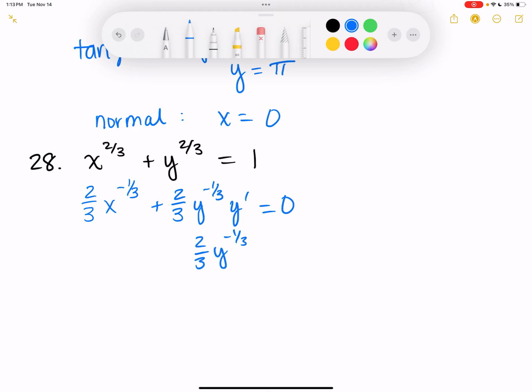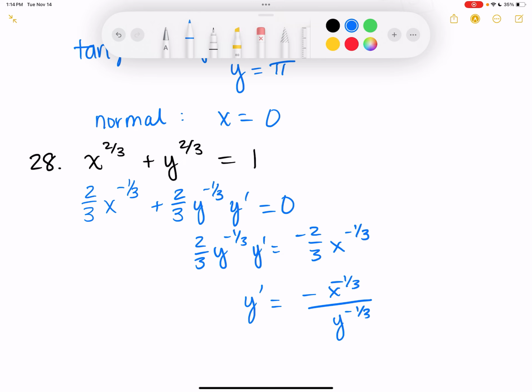Y prime equals negative 2/3 x raised to the negative 1/3 over 2/3 y to the negative 1/3. Now, when I divide by a fraction, I multiply by the reciprocal. So the 2/3 are going to cancel, and I end up with negative x to the negative 1/3 over y to the negative 1/3.